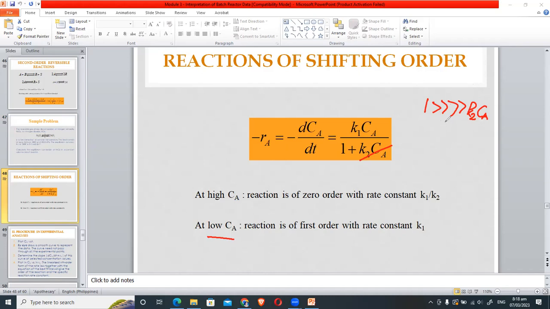Very high, the other value now becomes insignificant compared to it. So in the process, you get to simplify your expression and come up with a rate law that is just written without a denominator. So there is no denominator in the result, because you get to eliminate expressions that are separated by either a plus sign or a minus sign. So this is under the topic reactions of shifting orders.